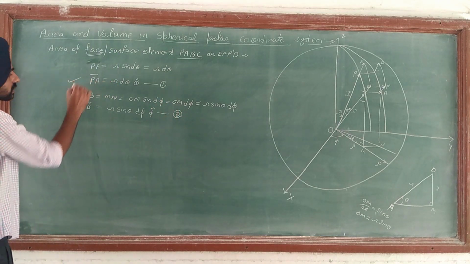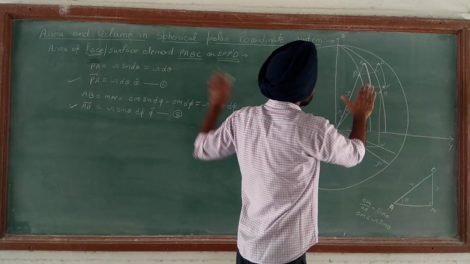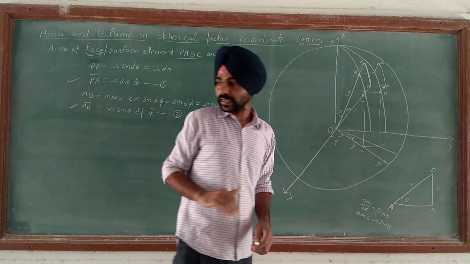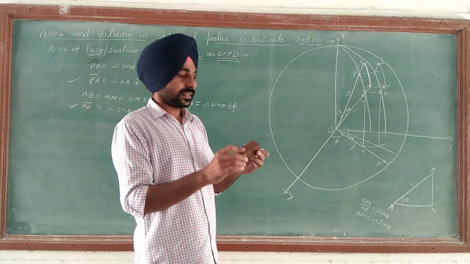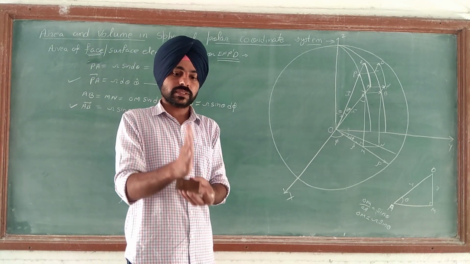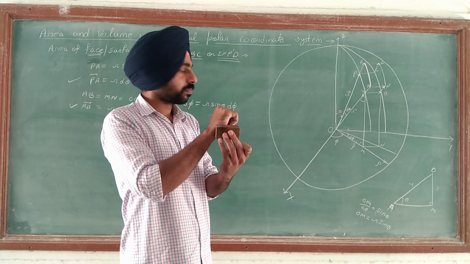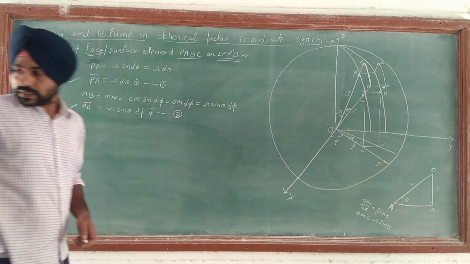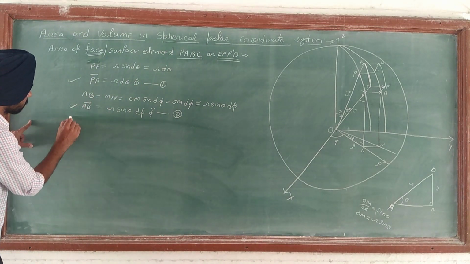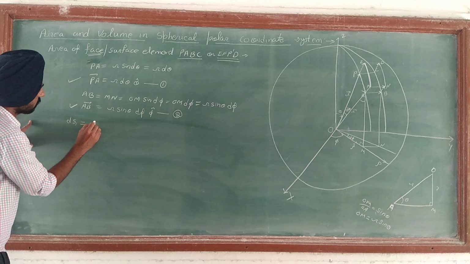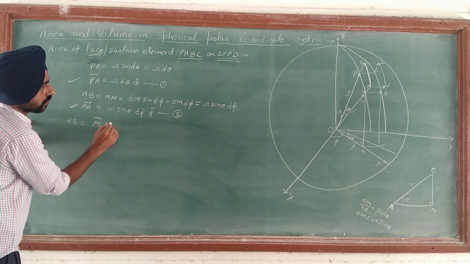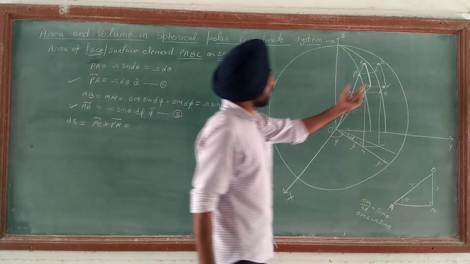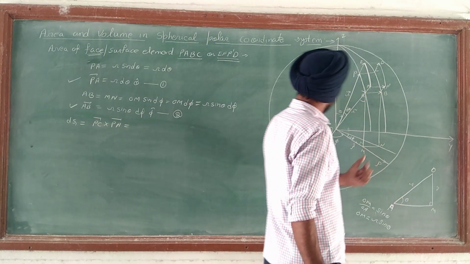Now from this and this, for the face PABC we have to choose PC to PA. This is the back face, so it's better to choose PC to PA, so that the area vector is outward. So the area of this face, let it be dS1. dS1 is PC cross PA. What is PC? PC equal to AB equal to MN.